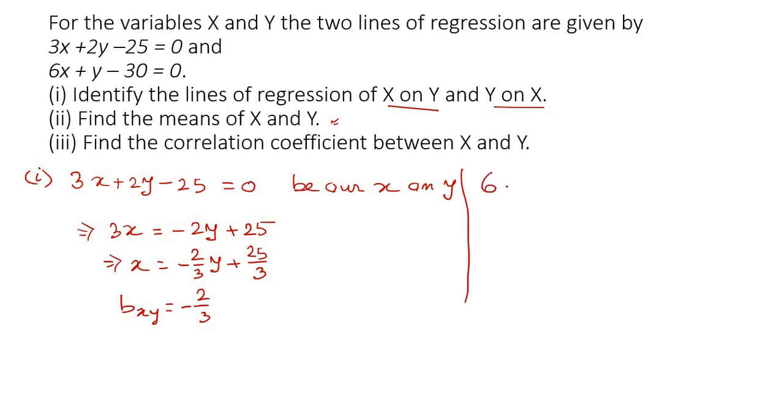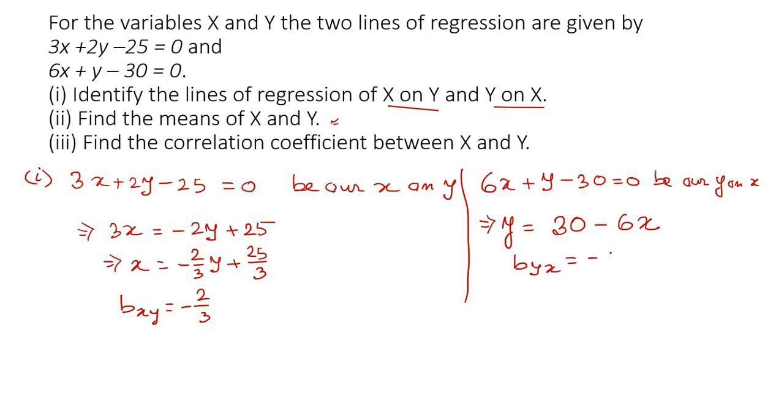So let 6x plus y minus 30 equal to 0 be our y on x equation. Here we keep y on one side and take the other things to the other side. So I get y equal to 30 minus 6x. Then your byx is the coefficient associated with x, so this is minus 6.